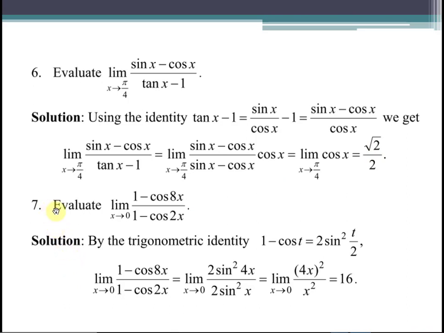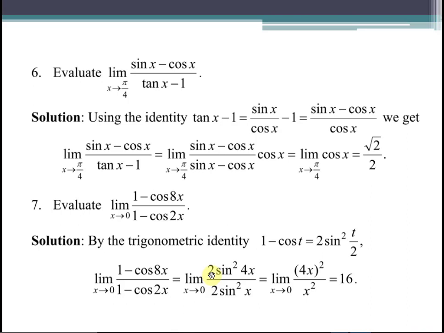Next one, number 7. Evaluate the limit. Again, we can use the trigonometric identity: 1 minus cosine t is 2 sine squared t over 2, half angle. So we can change now 1 minus cosine 8x with 2 sine squared 4x, because t is now 8x.